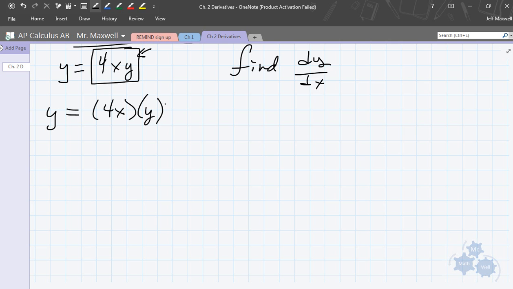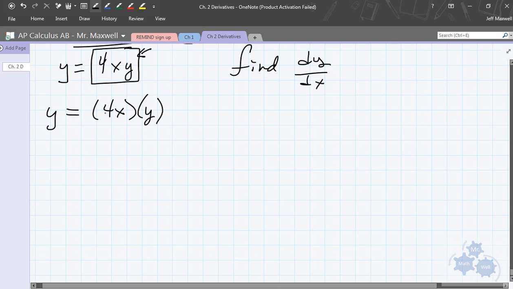Make sense? So how do we do this if we want to find dy dx? So dy dx, I need to do, what rule should I do here? What is it? Product rule. Very good, okay? Product rule. So the derivative of the first is 4 times the second, just the second, right, derivative of the first times the second, plus the first. What's the derivative of the second?